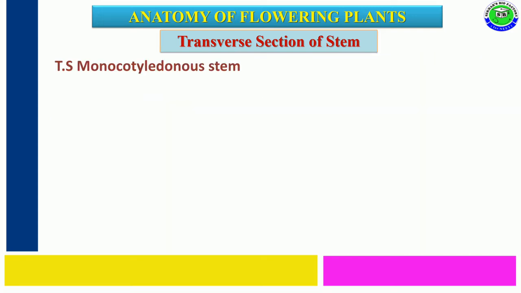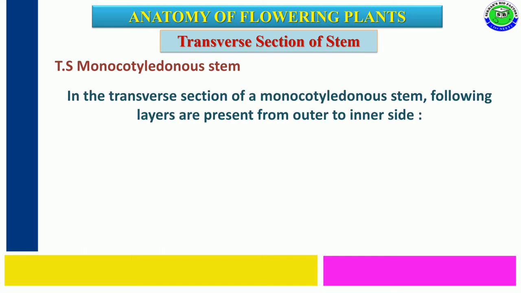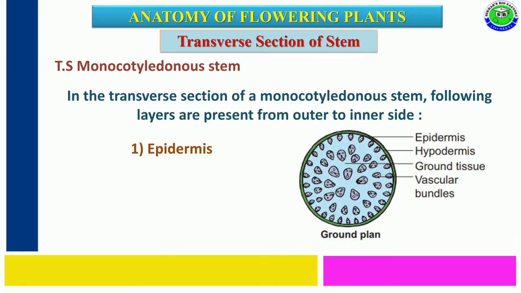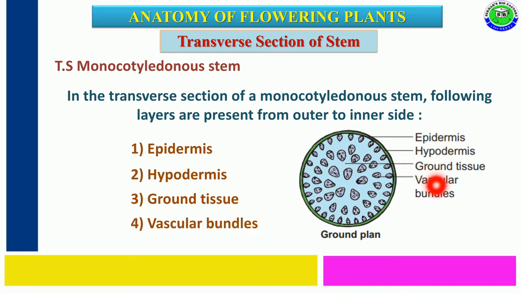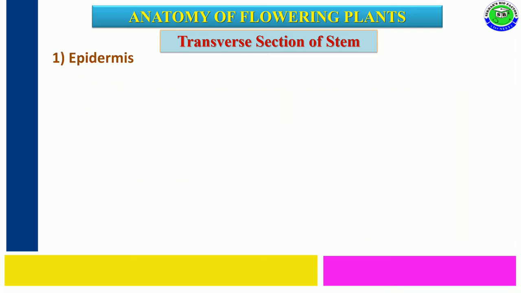Along with that, in the transverse section of a monocotyledon stem, we can observe different parts from outer to inner side: the first part is epidermis, the second part is hypodermis, the third part is ground tissue, and the fourth part is vascular bundles.